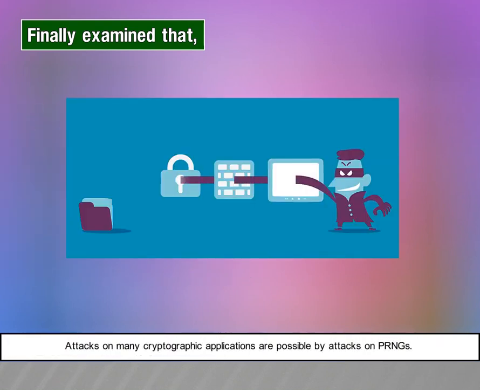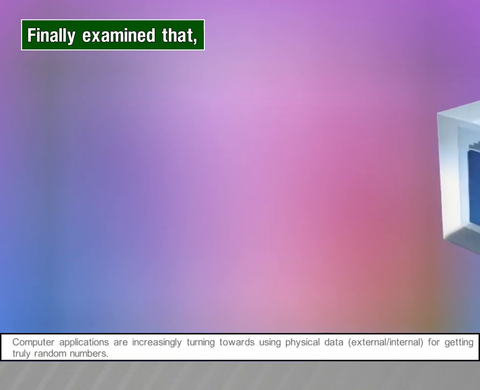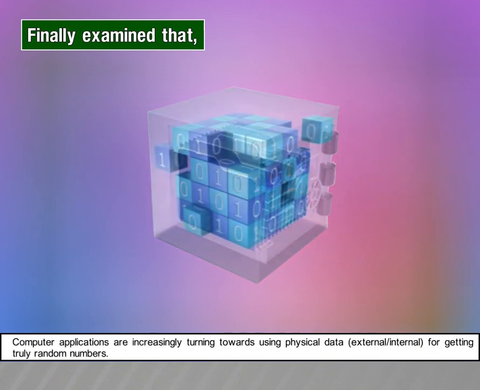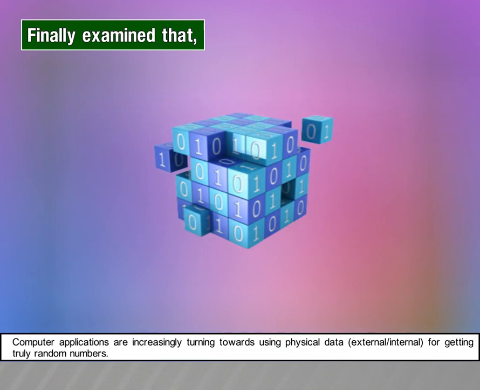Attacks on many cryptographic applications are possible by attacks on PRNGs. Computer applications are increasingly turning towards using physical data, that is external or internal, for getting truly random numbers.